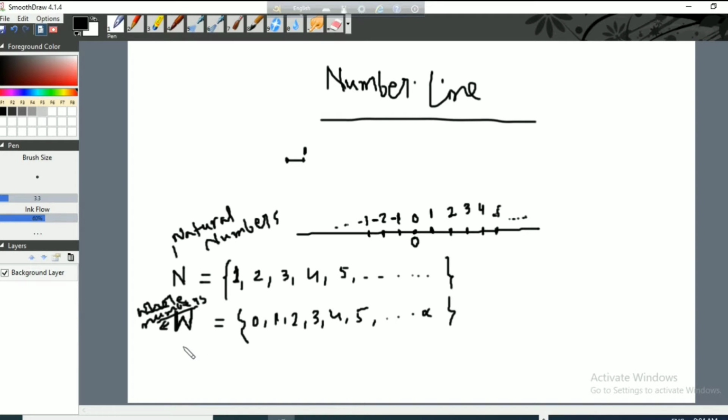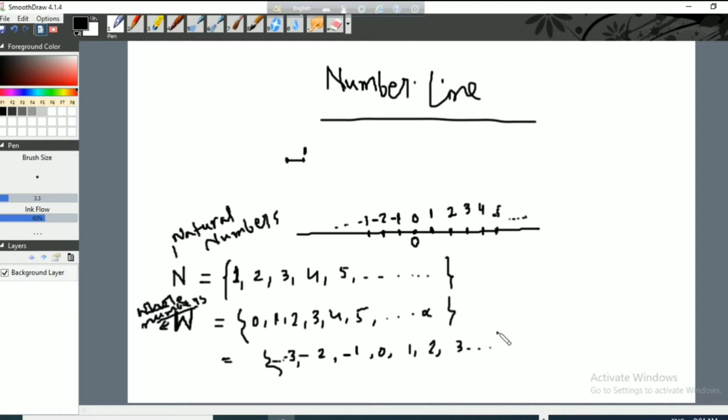Now if we take all the numbers from -infinity to +infinity, like this, 0, then 1, 2, 3 ... up to positive infinity, and also in the negative direction, -1, -2, -3, and so on up to -infinity.